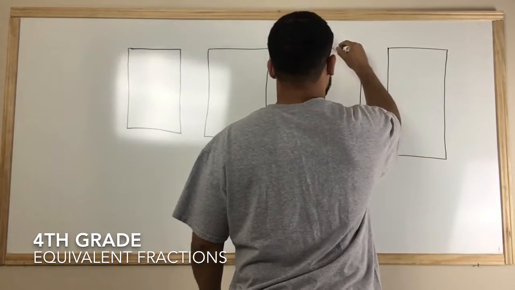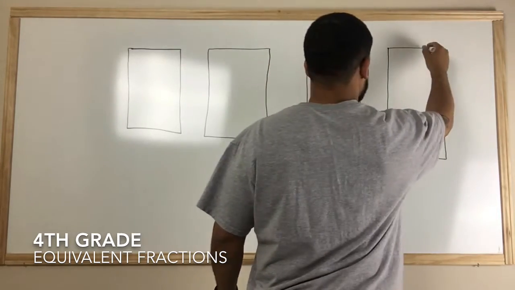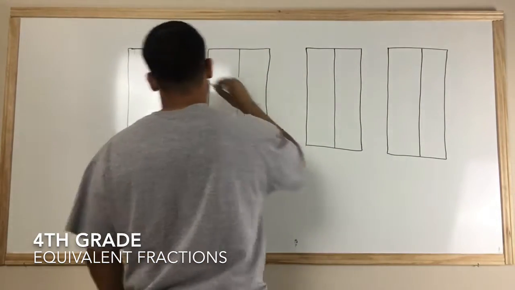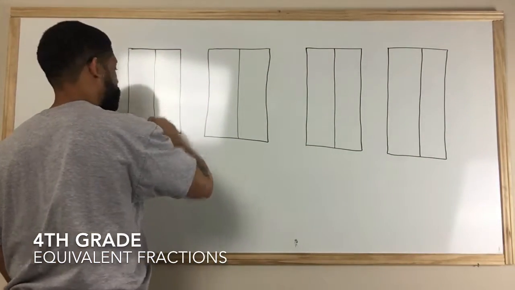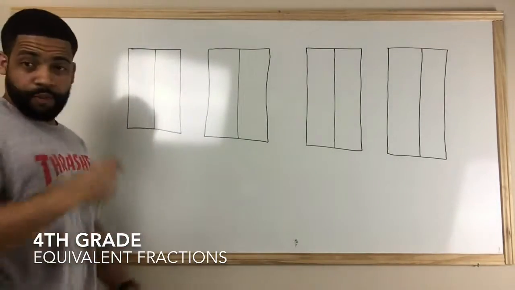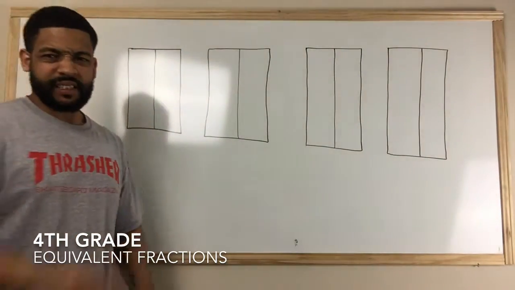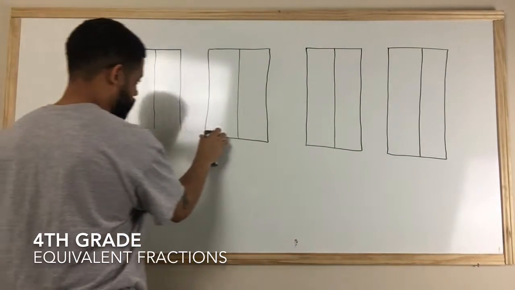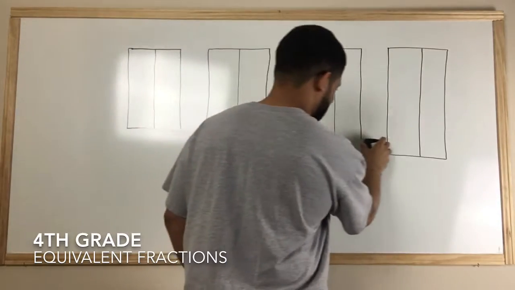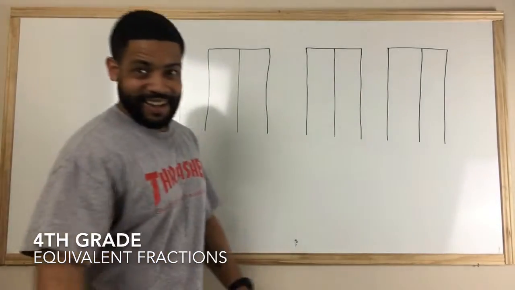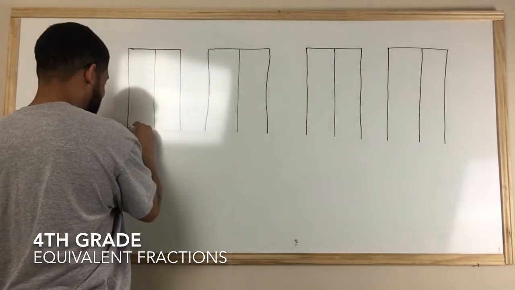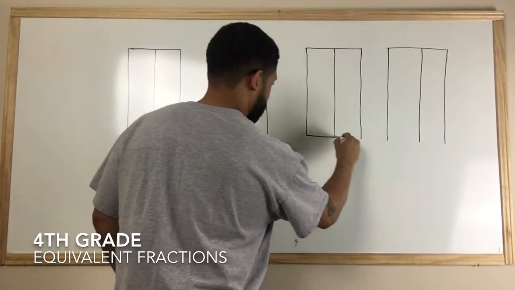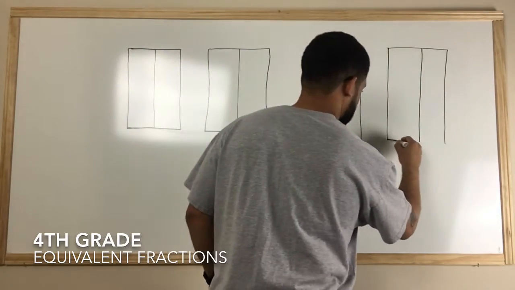Now notice all of these, I've broken them into two pieces. I can see that's pretty crooked. Let's go ahead and do this so we can straighten that out. You see how I did that? That's much better. Make them look more of the same size.